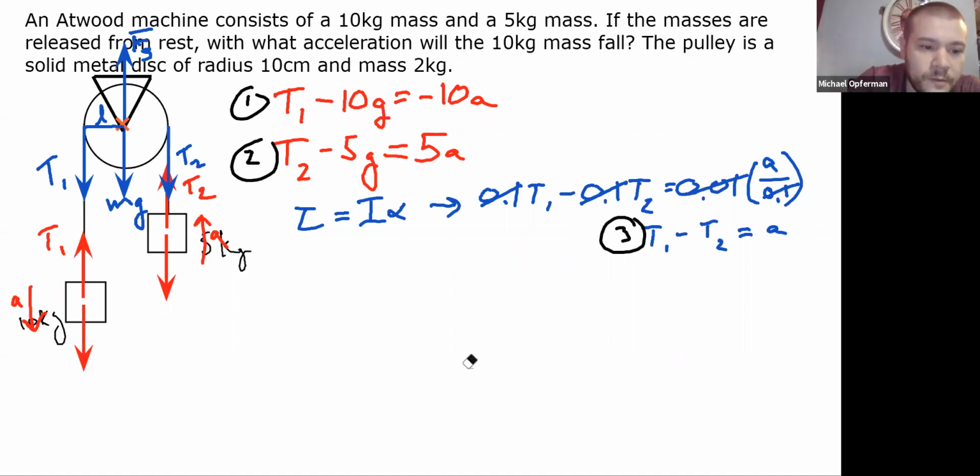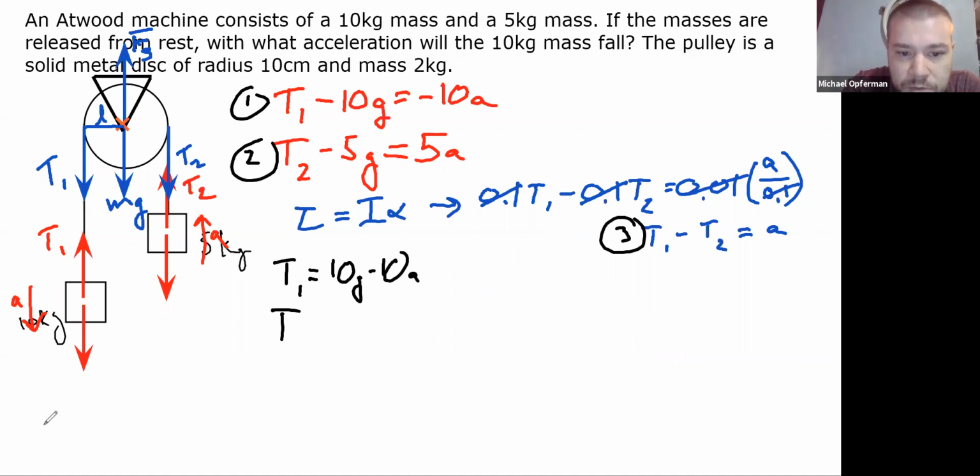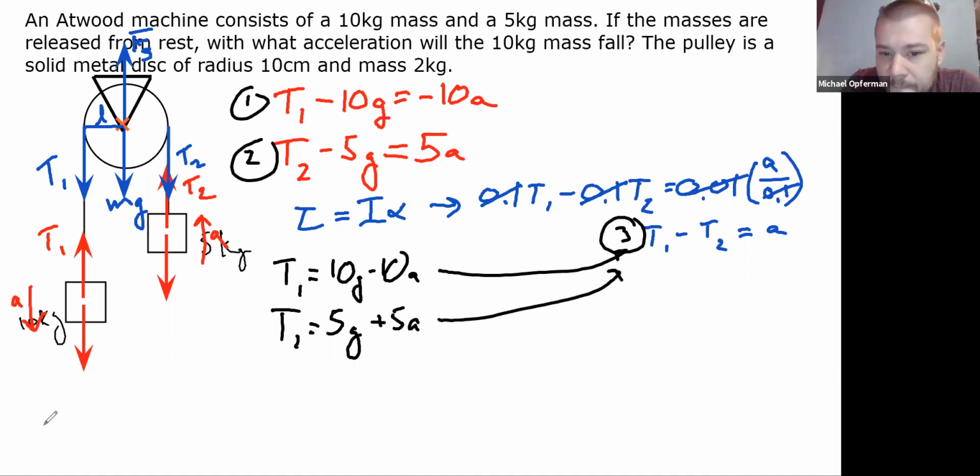Okay. So start solving. Let's say that I'll solve equation 1 for T1. That's pretty easy. So T1 equals 10g minus 10a. Let's solve equation 2 for T2. T2 equals 5g plus 5a. And we'll substitute everything in over here and that'll give me 10g minus 10a minus the quantity 5g plus 5a equals a.